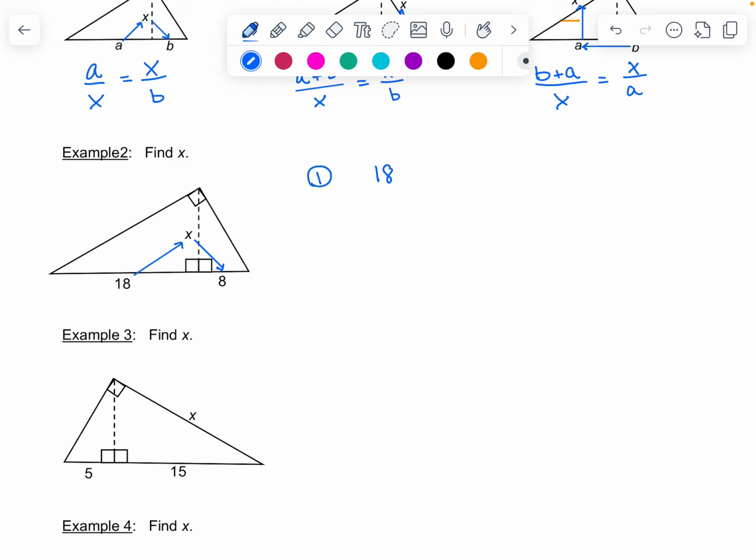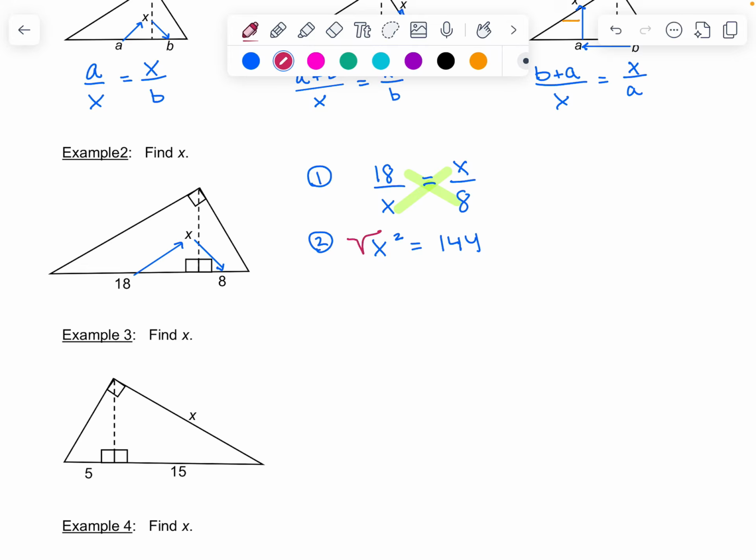So my a over x is going to be 18 over x equals x over b, which is going to be 8. When we set up a proportion, we always want to cross multiply to solve it. So I'd have x squared equal to 18 times 8, and that's going to give me 144.